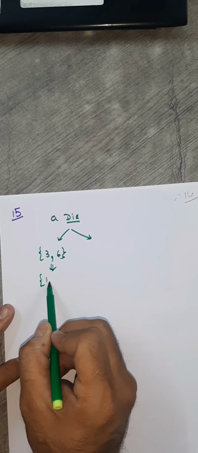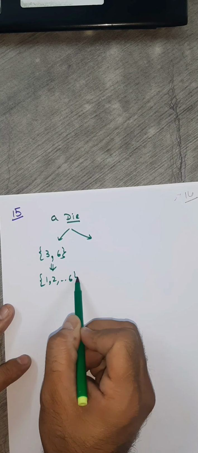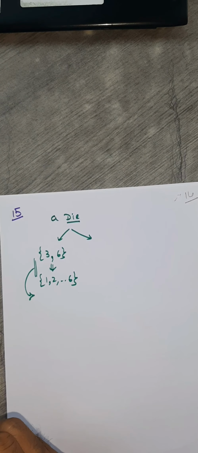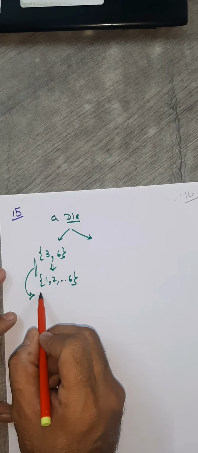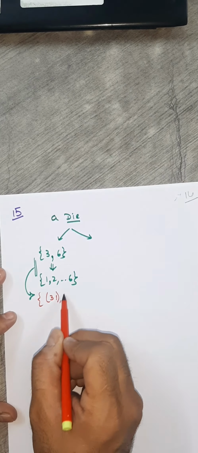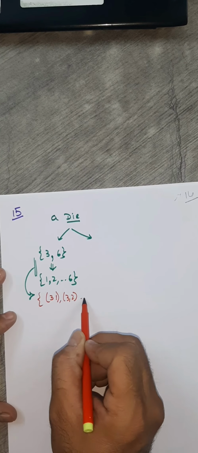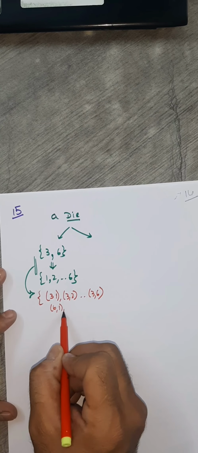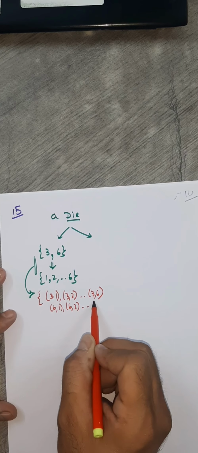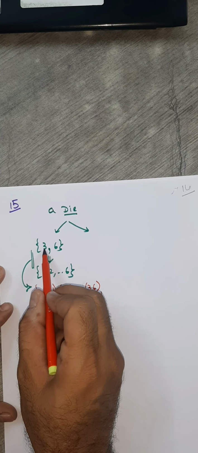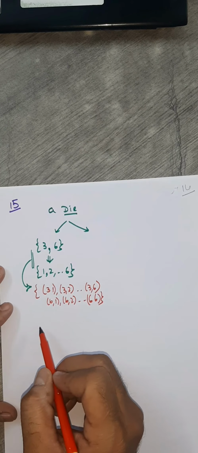So you have 1, 2 up to 6. If you combine both the things here, the outcomes will be like this: 3 1, 3 2 up to 3 6, then 6 1, 6 2 up to 6 6, like this. 3 with this, 6 with this.